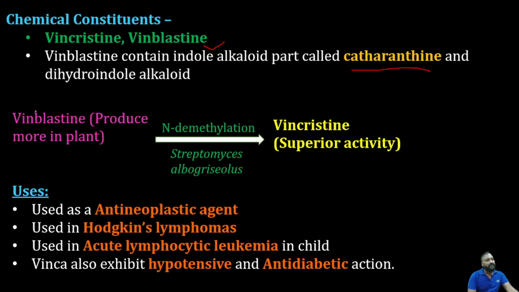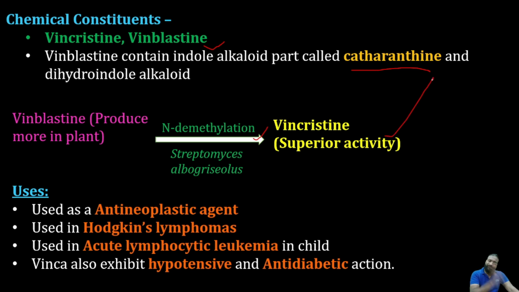And coming to vinblastine, when you extract the Vinca alkaloids, you get higher amounts of vinblastine, but in order to get vincristine, you need to do the demethylation with the help of Streptomyces. Then you'll get vincristine, which has superior activity.